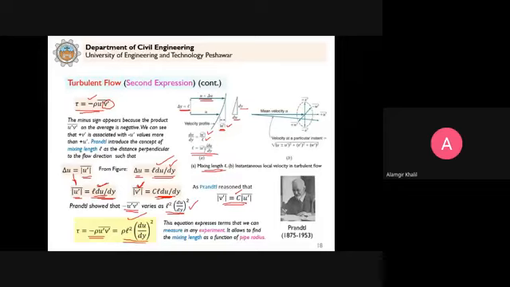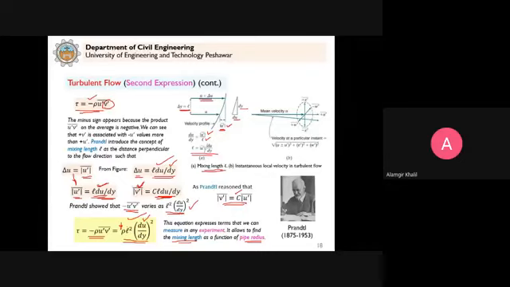Now these quantities we can measure, because essentially we are expressing this mixing length L in terms of the pipe radius. For example, the shear stress, rho is the density of fluid, easily measured. Du by dy you can measure. Clear?